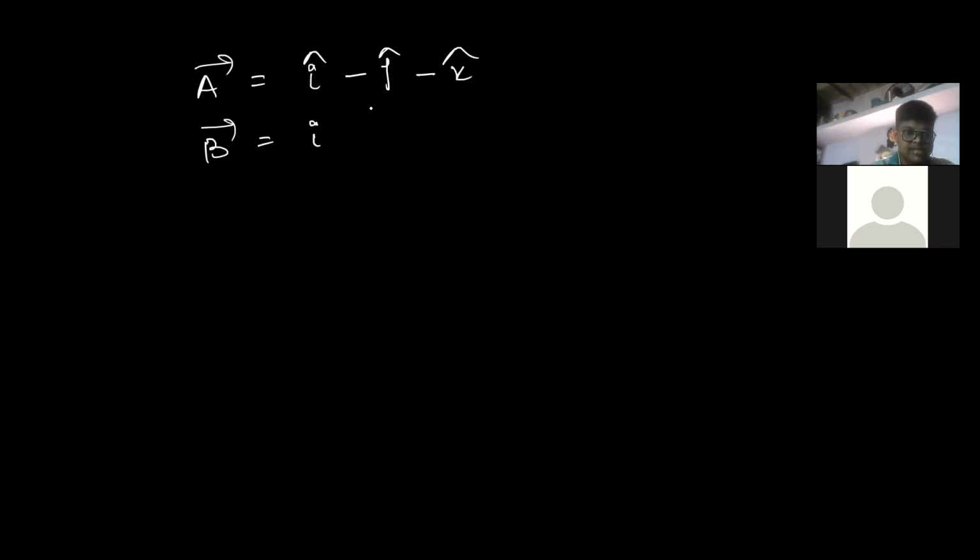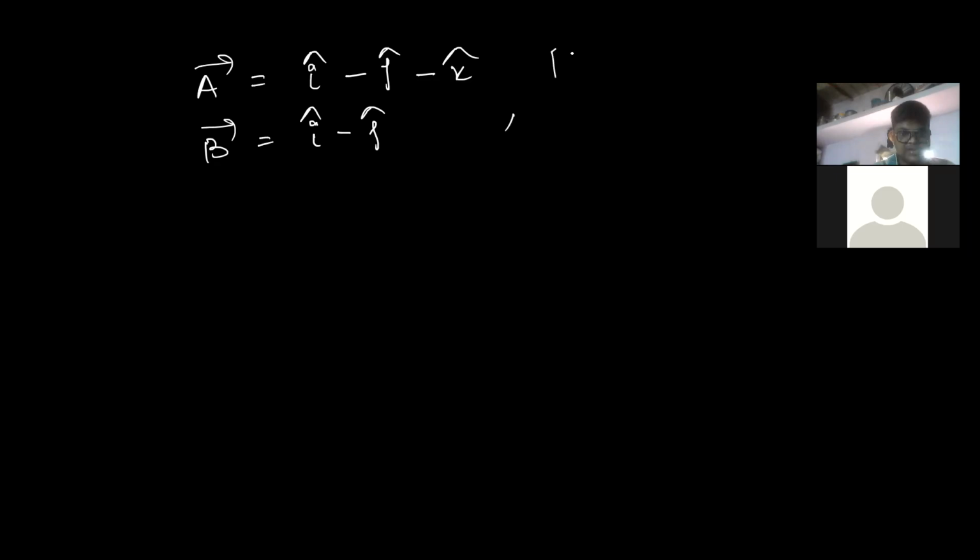Now, the concept of dot product we have learned in the previous class. Now, if the vectors are given in this way, that a vector is i cap minus j cap minus k cap, and here b vector is equal to i cap minus j cap only, you have to find out the angle between the two vectors.